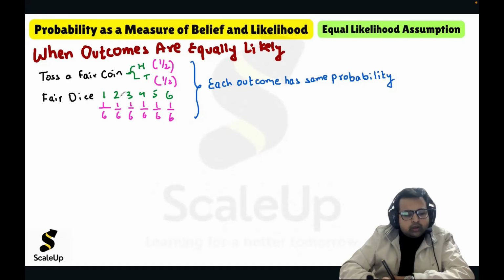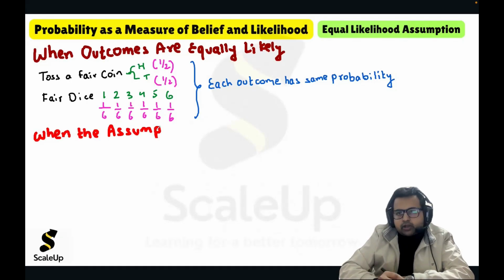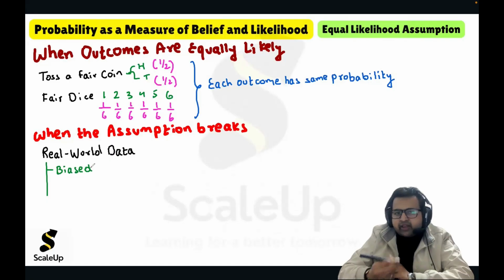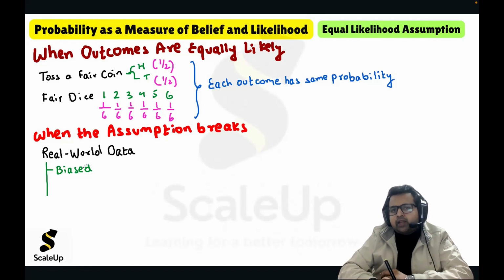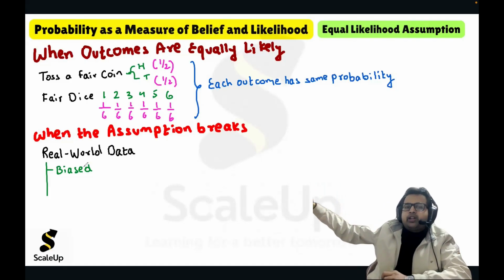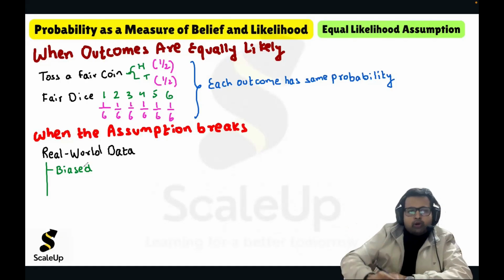Because when the equal likelihood assumption breaks, what will happen? Let us see. When the real world data we deal with is biased, definitely we cannot get equal likelihood, because when the data is biased, some of the outcomes will have high probabilities and some will have low probabilities.